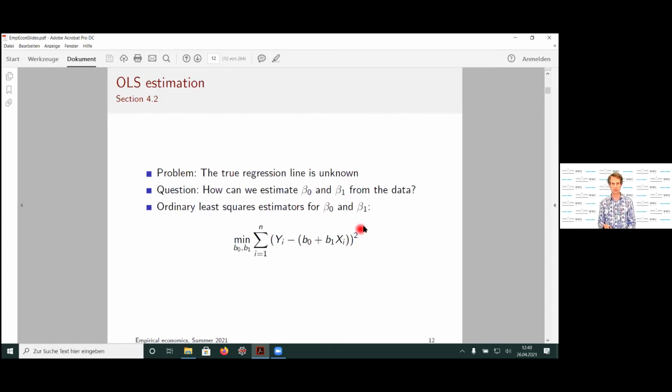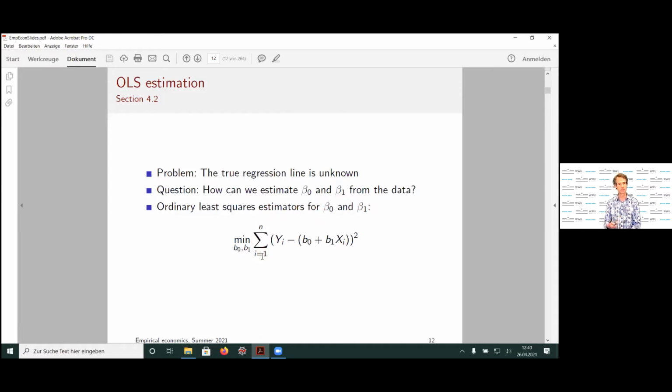So we square those deviations, we add them up, and then we minimize this quantity we get. So this is, in a way, a measurement of how closely the regression line fits the cloud of points. And we then choose the intercept and the slope coefficient such that this deviation is minimized.